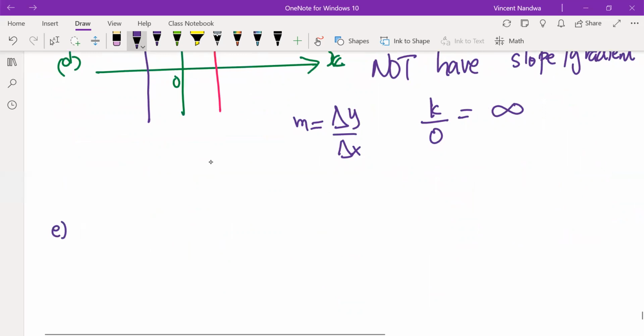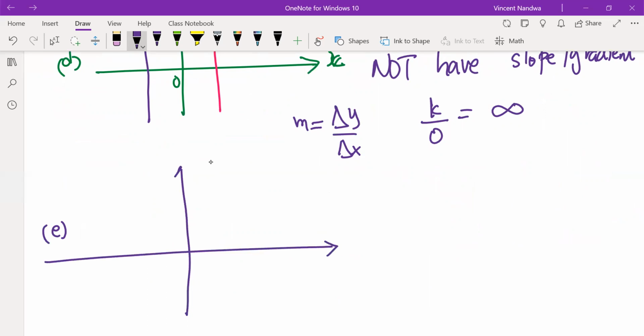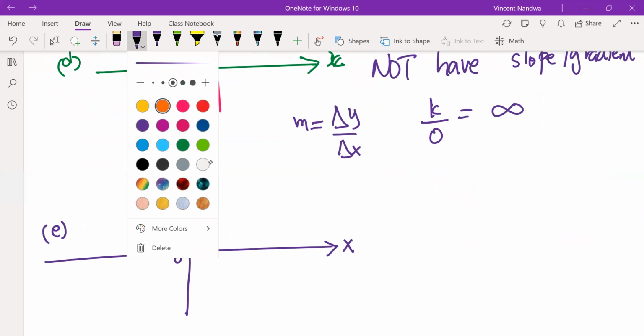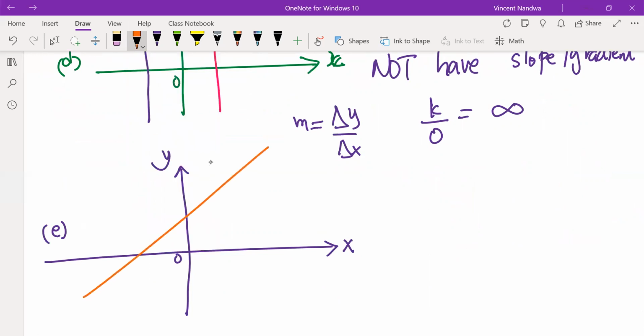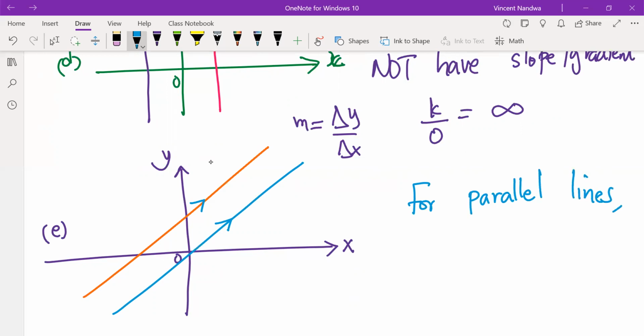And then if this is the y-axis, x-axis, if I have this line and another line here, such that the two lines are parallel, then for parallel lines, the slope of line 1 equals the slope of line 2.